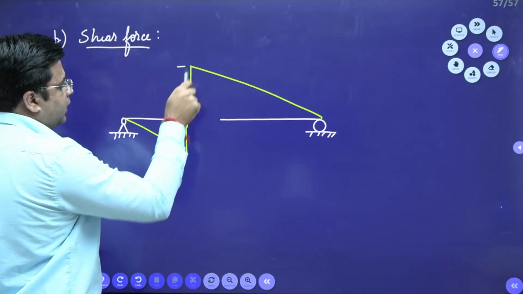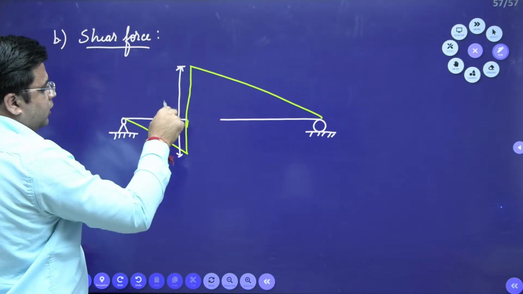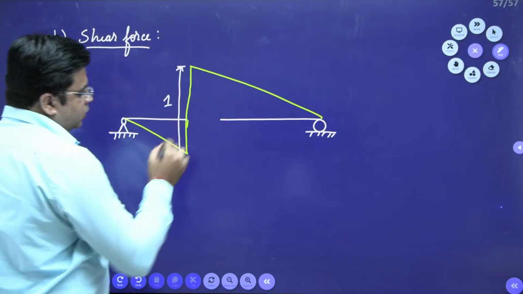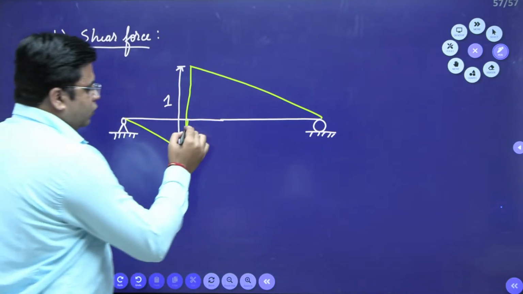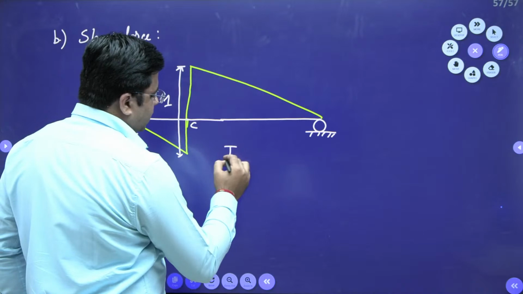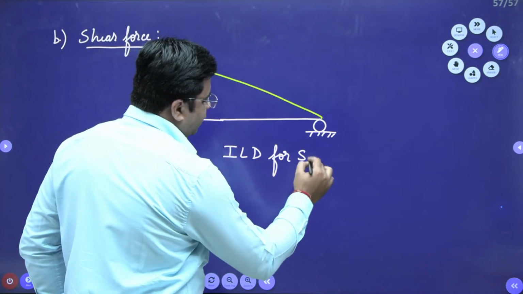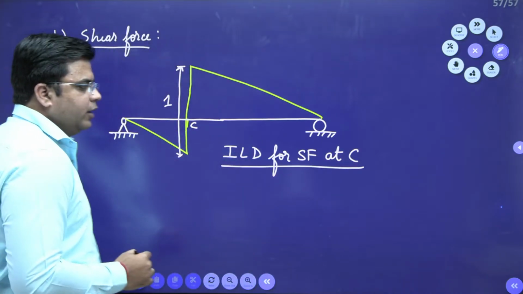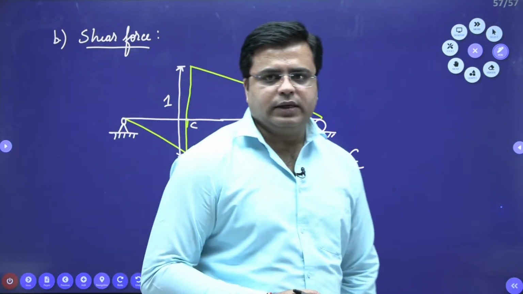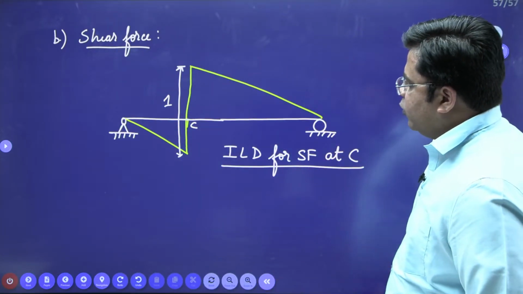This will give you the value of ILD for the shear force at point C. So, this is your ILD for shear force at C. This is how you can calculate the ILD for shear force at C.